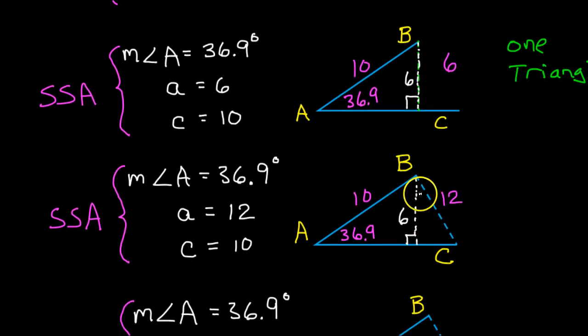Side A is bigger than the height. So this is the situation where it would make a normal triangle, an oblique triangle, a non-right triangle. Okay, and we could go ahead and solve this using the law of sines like normal, as it turns out.